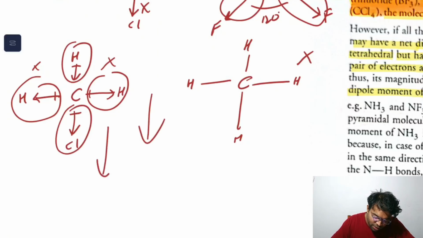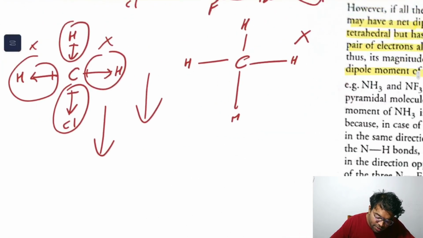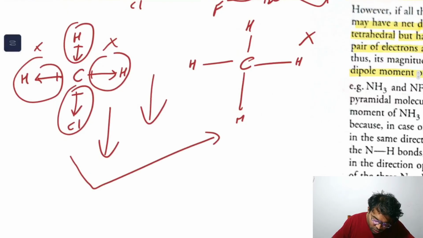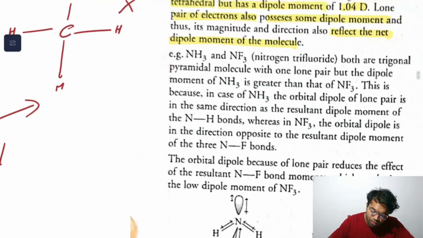Can you see the net dipole in the downward direction happening here? That is why you have 1.04 D. But look at this: both these structures are tetrahedral, both are equally tetrahedral, but one has a dipole moment, whereas the other does not. Okay, let's move on.